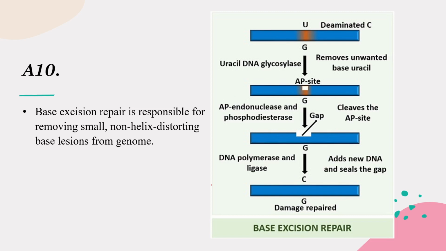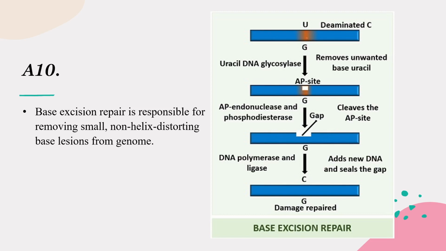It's a simple repair mechanism, because as you can see here, not many enzymes are required, and it's just a mutation of a single nucleotide base. This generally happens. That's why in the question it is asked as uracil, because cytosine is deaminated and becomes uracil, and it is present at the place of cytosine, and it won't be creating any hydrogen bonds.